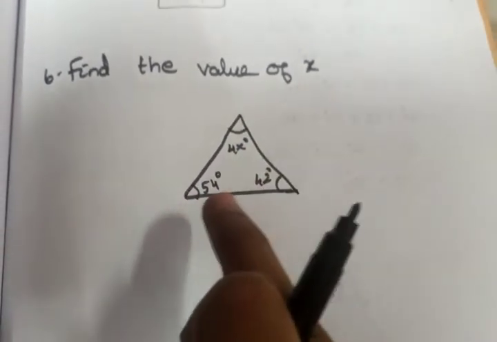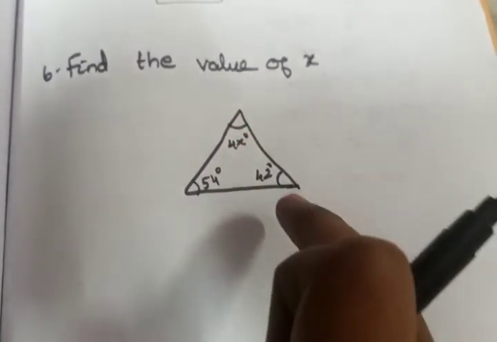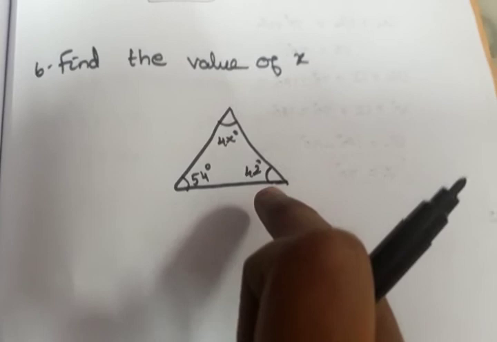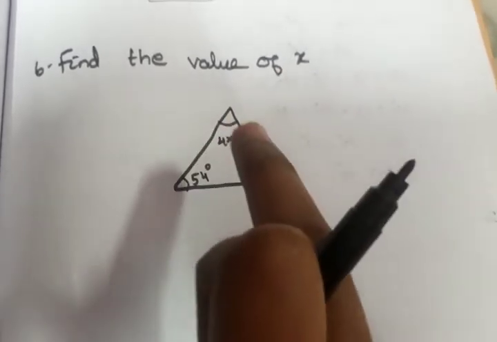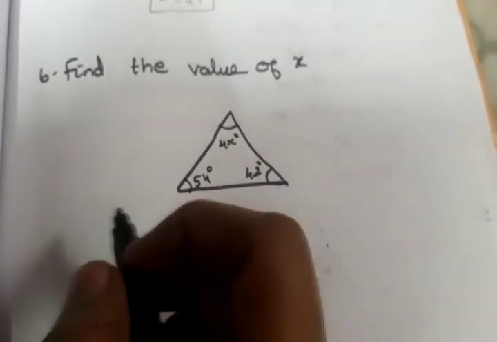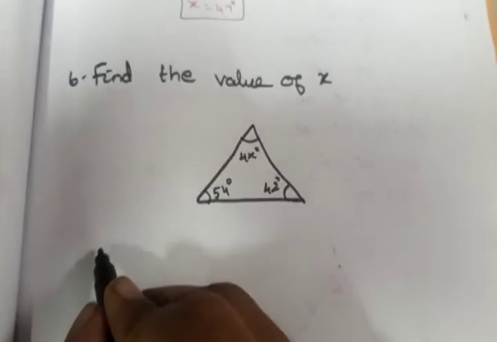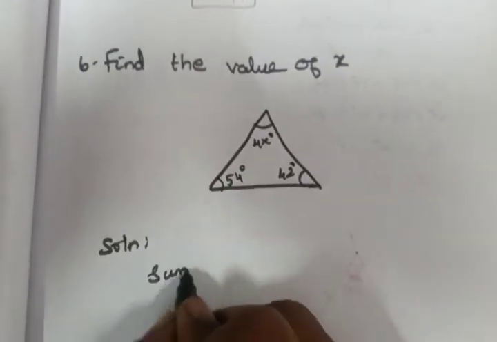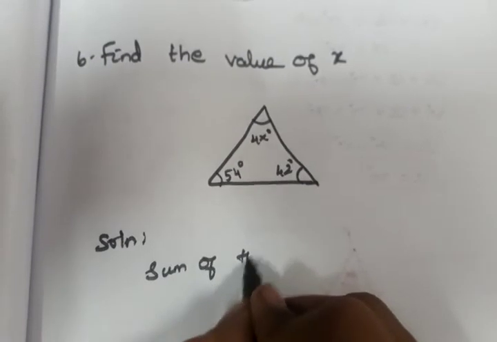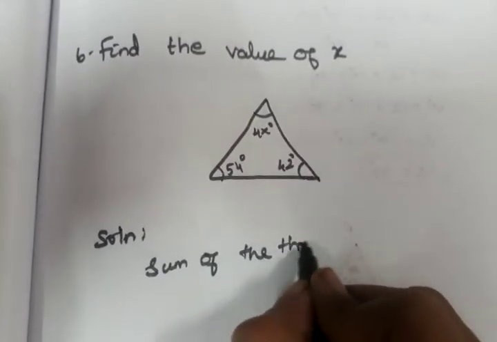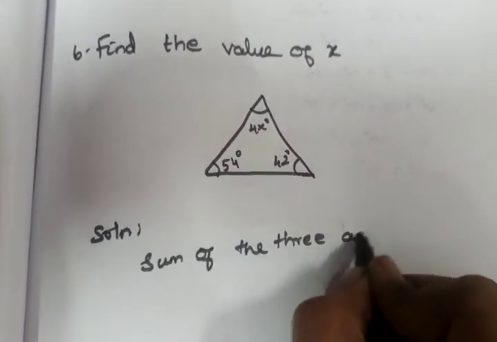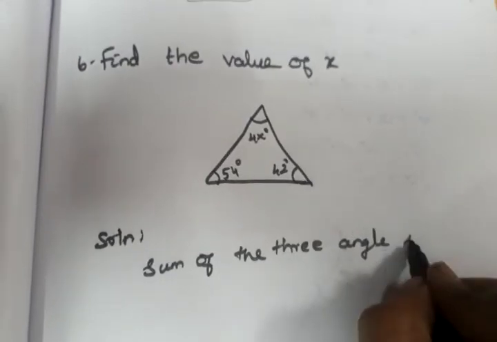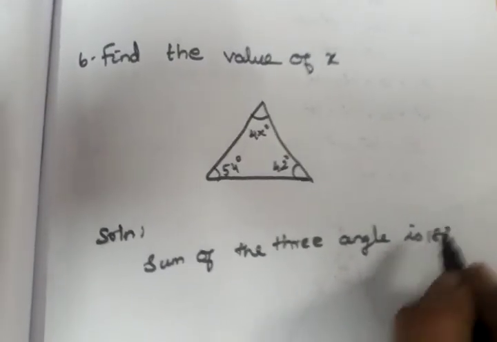Find the value of x. 54 degree, 4x degree, 42 degree. So solution: sum of the three angles is 180 degree.